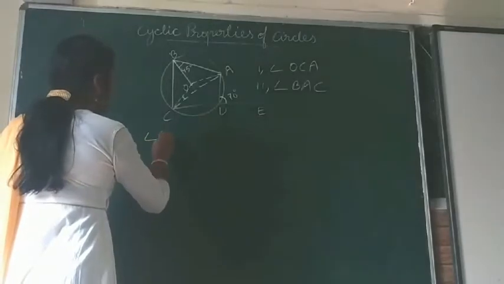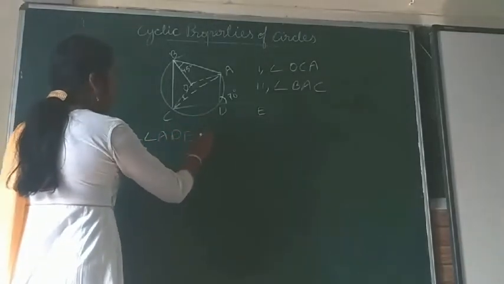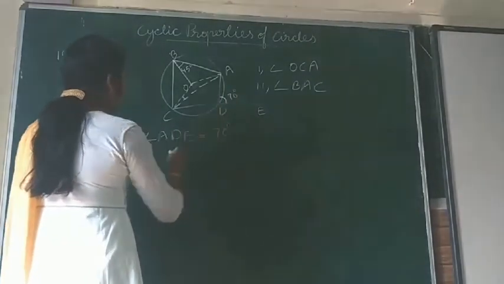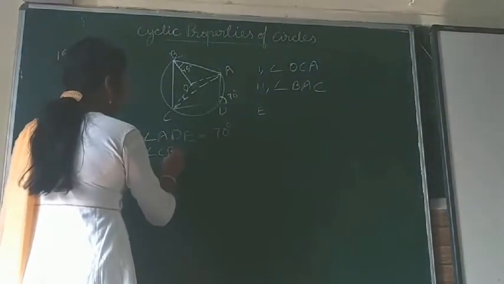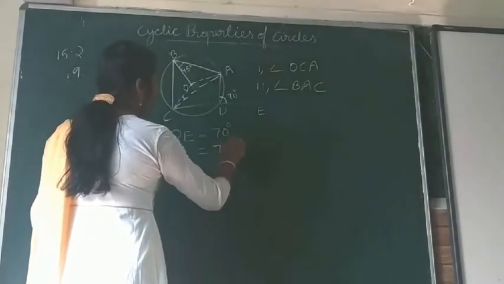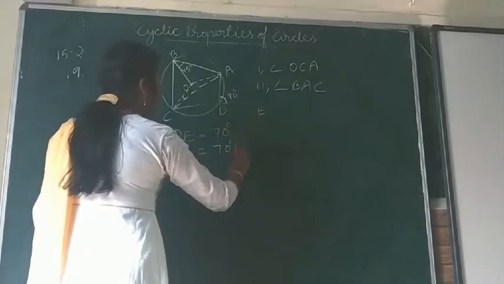Angle ADE is equal to 70 degree. It is given. Angle CBA is also equal to 70 degree because it is equal to angle ADE.